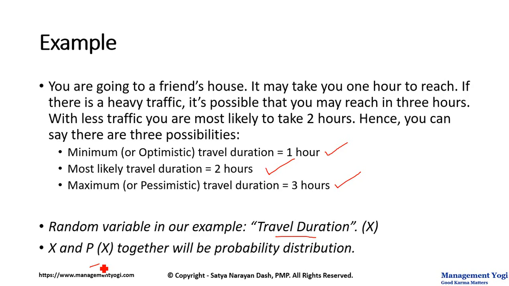Now what is the use here in risk management? We are estimating. So here the estimation is with respect to the travel duration. In risk management, we estimate with respect to schedule or cost for the activities of the project. Now when you say 5 days of duration or 10 days of duration, it is the most likely estimate.